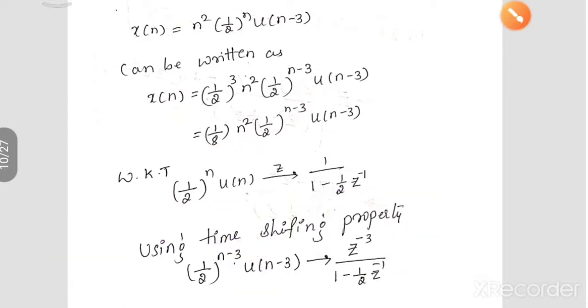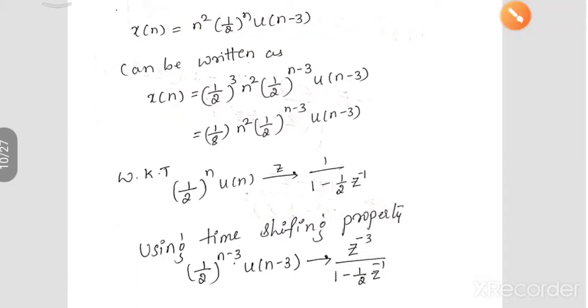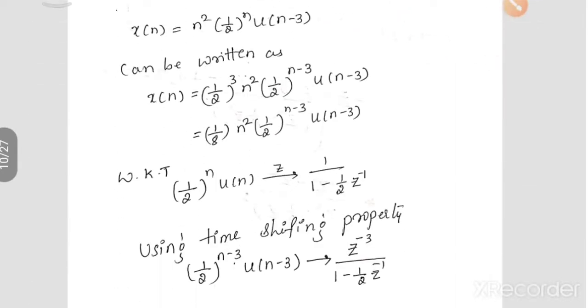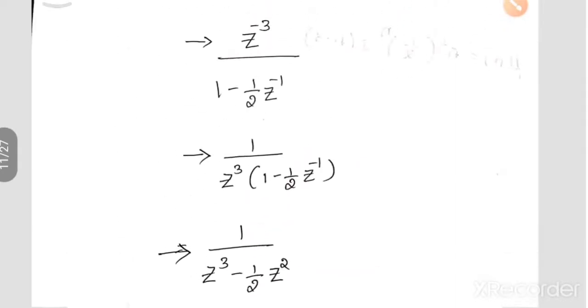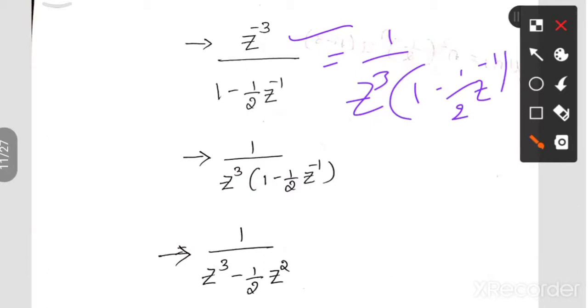This is not sufficient for us, we have only got this much, that is the z transform of this. Now we have to multiply with n square, that is n into n. Further simplifying, we have z raised to minus 3 divided by 1 minus 1 by 2 z raised to minus 1. This can be taken as 1 by z cube into 1 minus 1 by 2 z raised to minus 1.